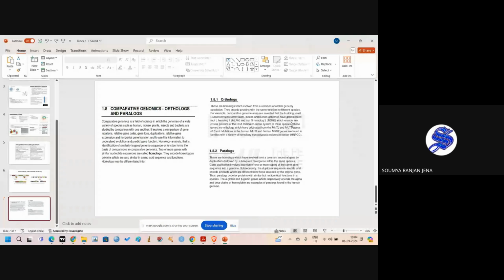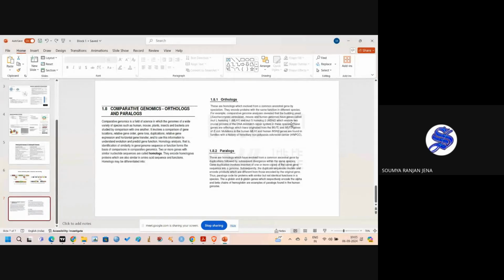What does the mismatch repair system mean? During the replication process, it finds mismatched nucleotides. For example, if A is mismatched and forms a bond with C, then this mismatch is found by the MLH1 and MSH2 genes to rectify it, because A will pair only with T by two hydrogen bonds.